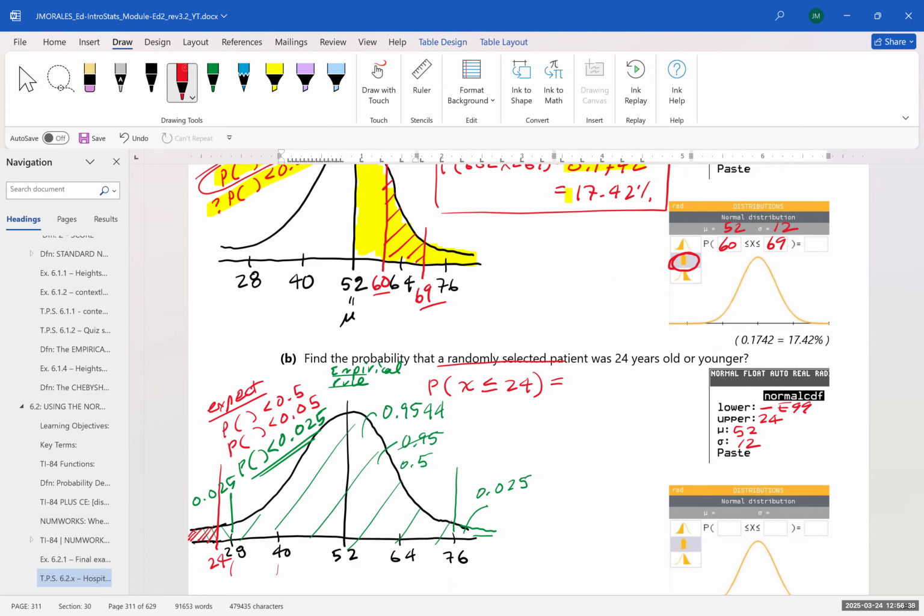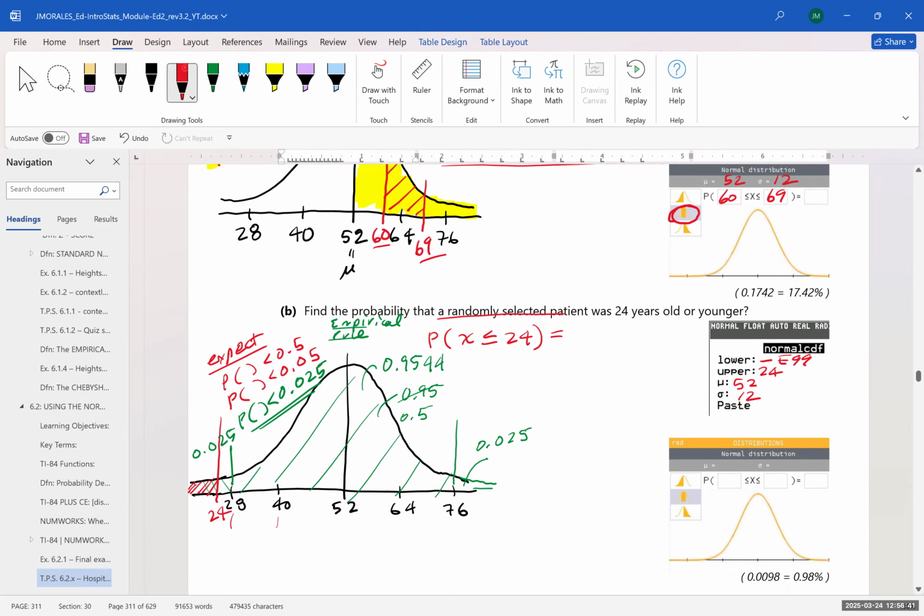And with the NumWorks calculator, okay, mean of 52, standard deviation of 12, with an area to the left. So values of x that are less than 24. And what this should come out to is 0.0098, which is 0.98%.